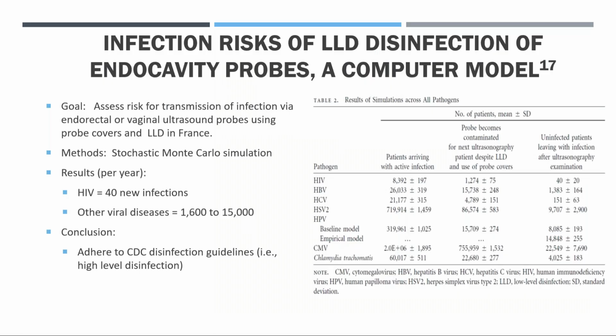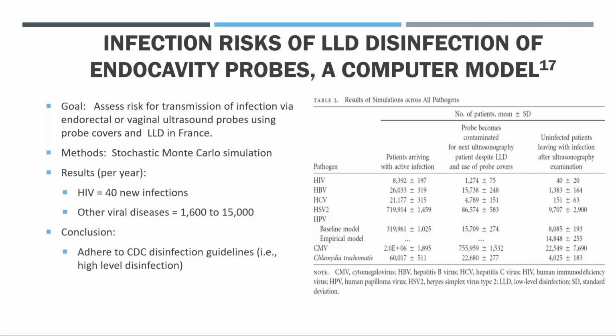Now, again, infection risks of low-level disinfection of endocavity probes. This was a computer model. The goal was to assess risk for transmission of infection via endorectal or vaginal ultrasound probes using probe covers and low-level disinfection in France. I was a co-author of this study. The method was a stochastic Monte Carlo simulation. The results showed that over France there would be 40 new HIV infections.